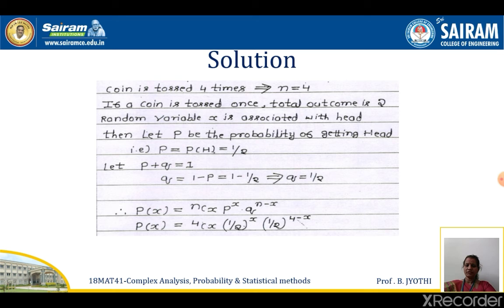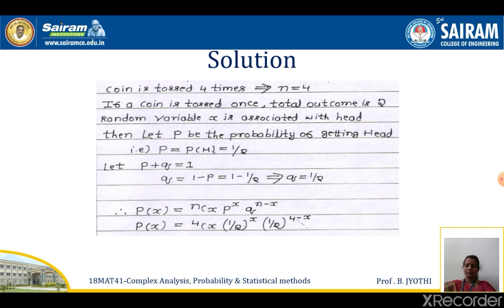The random variable x is associated with heads. Then let p be the probability of getting a head, that is, p = P(H), which gives 1/2. And let p + q = 1, so q, which is 1 - p, is also equal to 1/2.